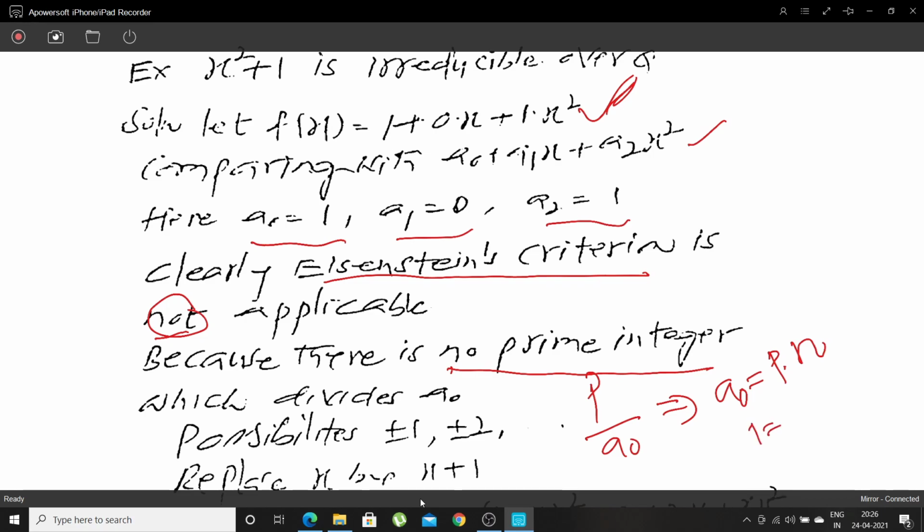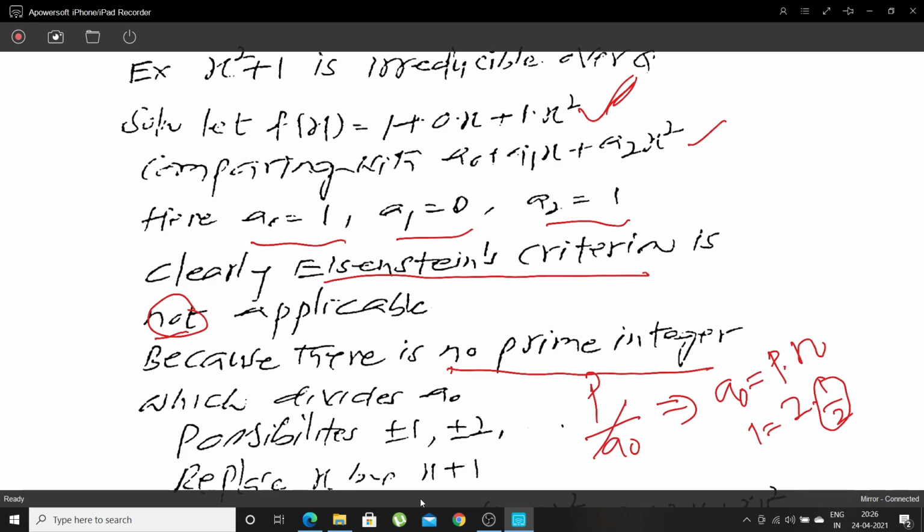We will not see a prime number because the prime numbers start from what? 2. 2 is a prime number. 3 is a prime number. Again 5 and so on. If I take 2, here I have to write 1 by 2. But 1 by 2 is not an integer. Therefore, p is not divisible by a naught. That means the theorem is not applicable.